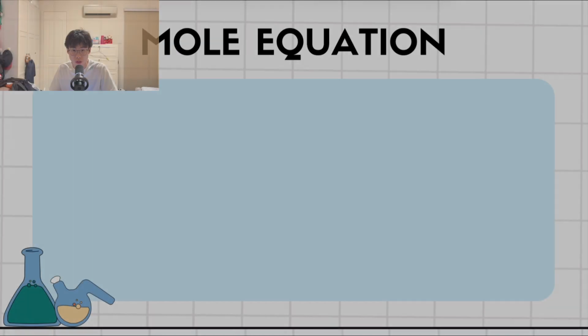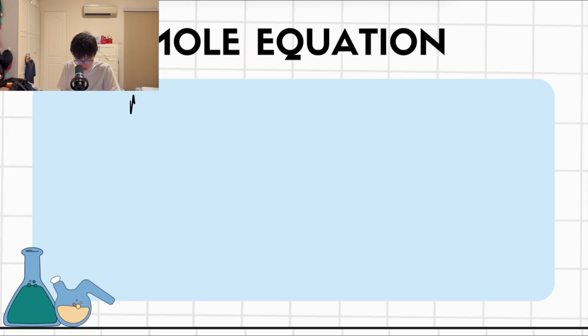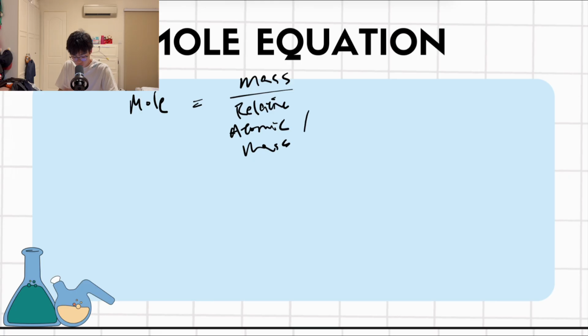The mole equation is mole equals mass over relative atomic mass or relative molecular mass. And we use atomic mass if we're calculating atoms or ions, and we use molecular mass if we're calculating molecules.